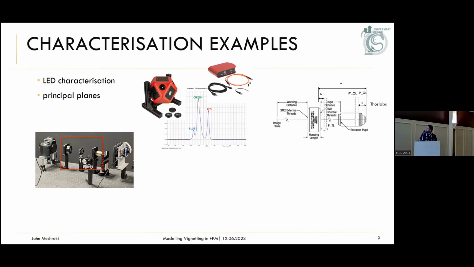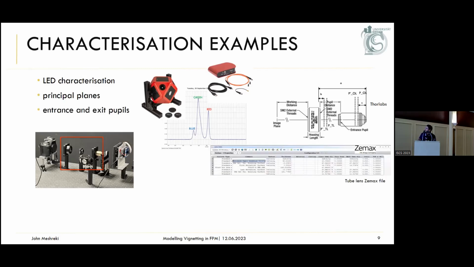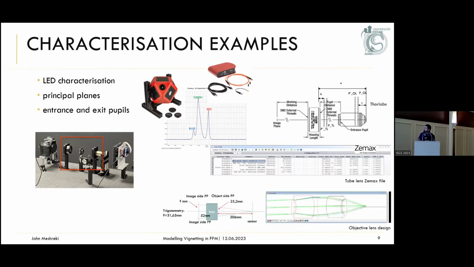For the lenses, we try to look into the pupil planes, and actually it's very tricky to find these planes because manufacturers will not give you this, so you have to work hard to get them. For that, we use different methods, Zemax files, trying to have some sketches and matching these in our experiment until we have our setup characterized.